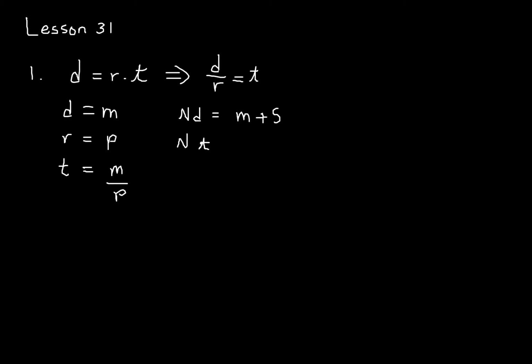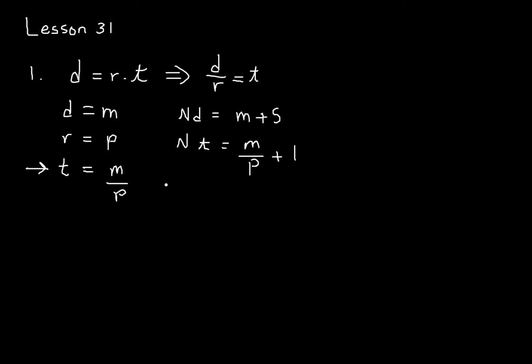The new time: it says the first people arrived 1 hour early, so if they got there on time, we're going to have to add 1. So going back to the old time right here, we're going to add an hour because they showed up on time instead of early.